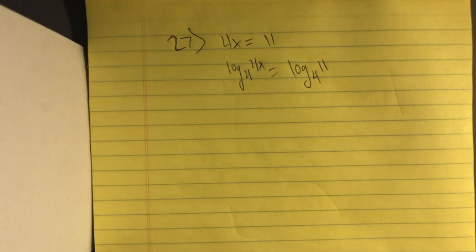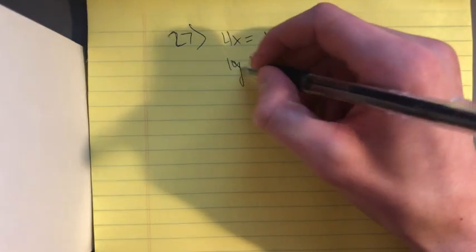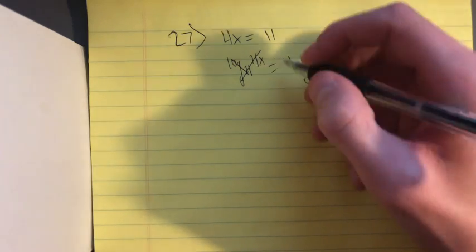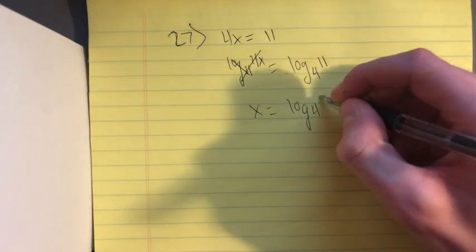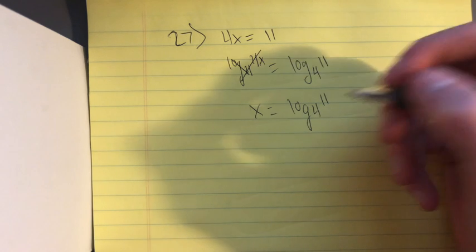Then the log base 4 and the 4 will cancel, so x equals log base 4 of 11. So that's your answer there, I believe.